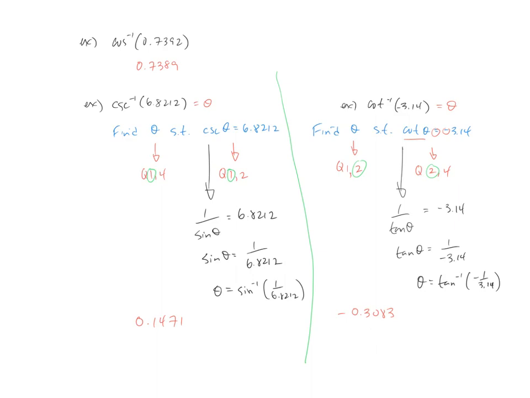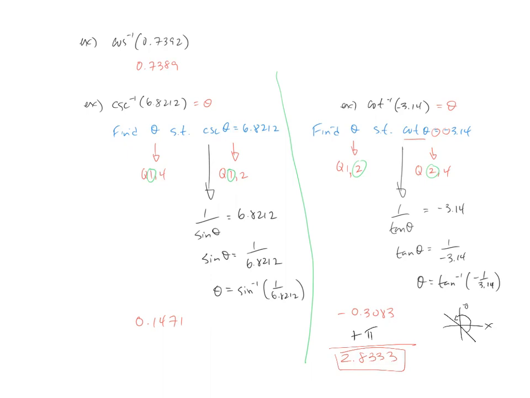So if I'm in quadrant 4 currently, and I want to be in quadrant 2, then I'll need to take that number and add pi radians to it. That's going to then put me in quadrant 2 where I need to be. So if we add the pi to it, that's going to give us 2.8333 for a final answer.